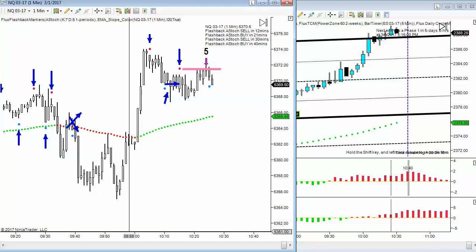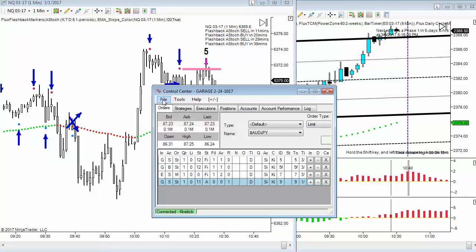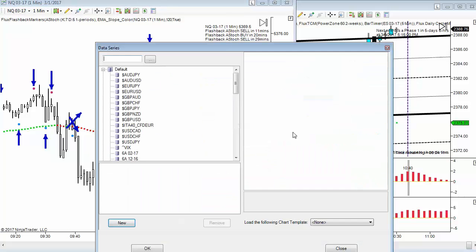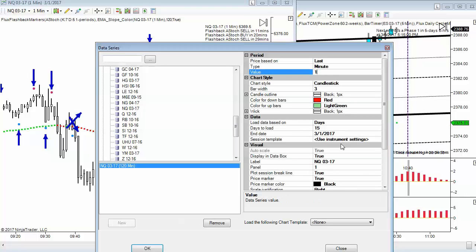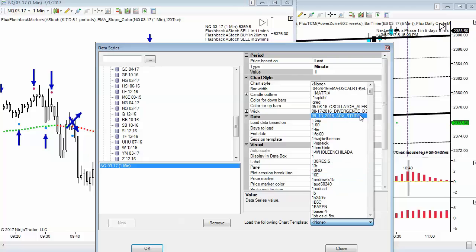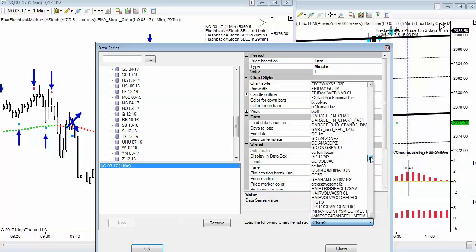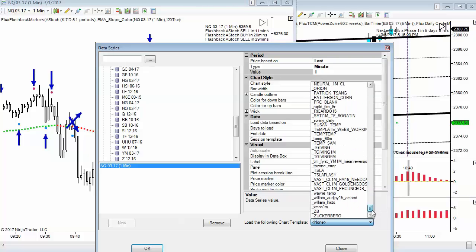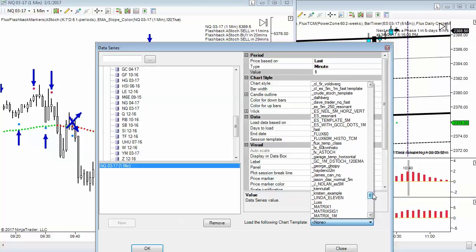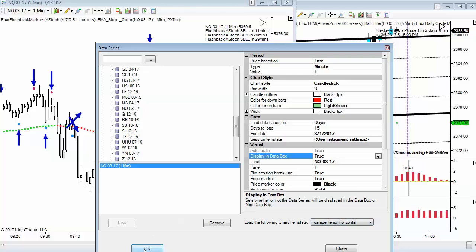And I'm going to create a brand new chart on the NQ. NQ 1 minute, 15 days, garage temp horizontal.